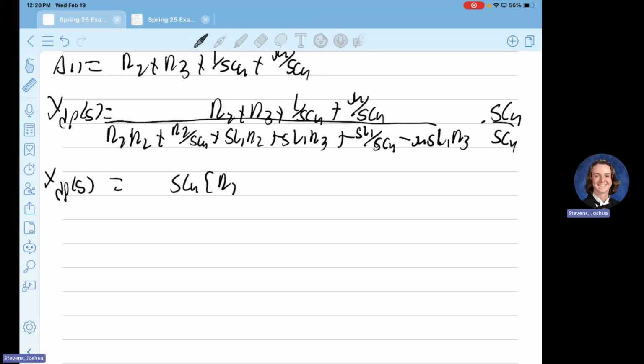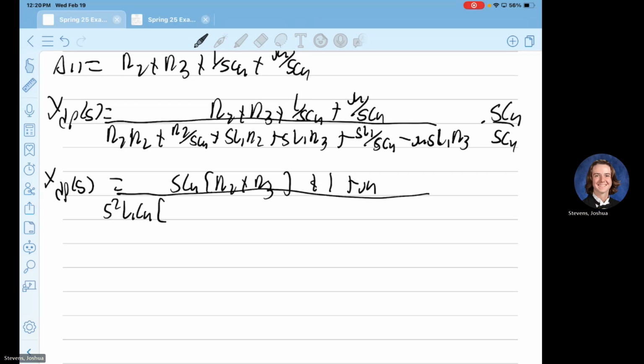S C4 times R2 plus R3 plus 1 plus mu, all over. I'm going to skip to where I have combined like terms: S squared L1 C4 times R2 plus R3 minus mu R3, plus S. That's a really bad R3.